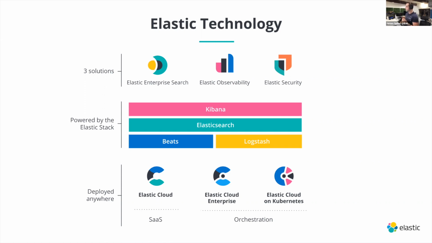Now, in a security sense, of course, we have a ton of data to work with, right? But we can't just put it somewhere. We need to be able to use it. And this is where the other components of the stack come in. So we have Kibana, which is our visual layer. Once I have a ton of data inside of Elasticsearch, Kibana is where, I'd say, most security analysts are going to live.